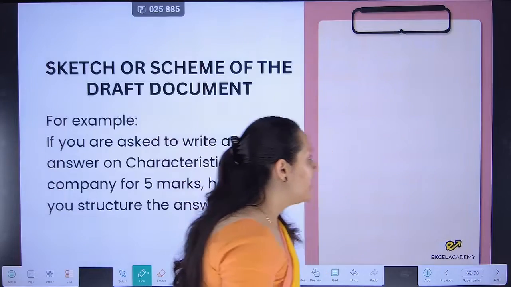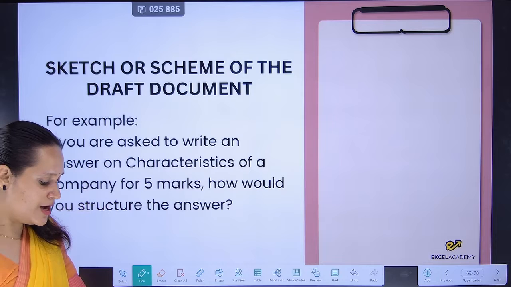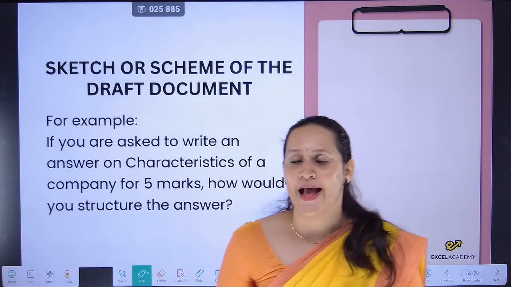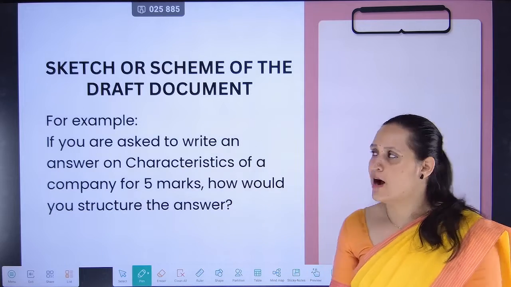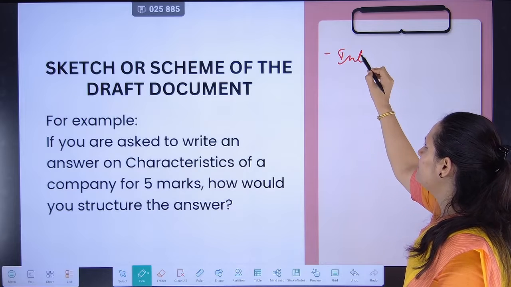For example, if I ask you to write an answer on the characteristics of a company for 5 marks, before writing the answer in your answer paper, you will think in your mind about how you are going to structure it. You will think that since it is a 5-mark question, let me write the introduction.